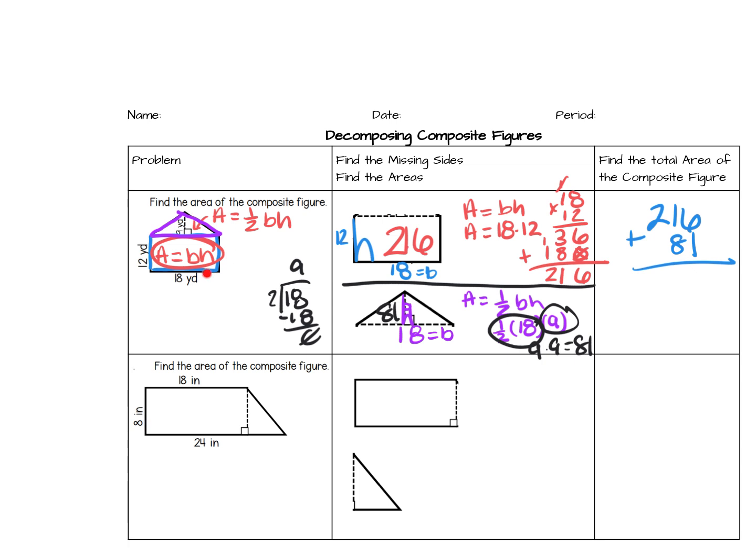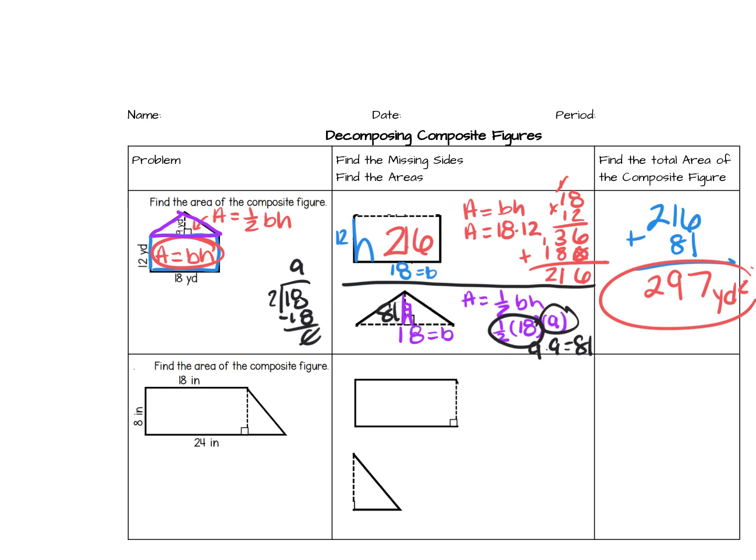And it's just those two shapes, so I have all of the pieces, and then I can go ahead and add. So I have 6 plus 1, which is 7. 1 plus 8 is 9, and then 2 and nothing is 2. So the area of my composite figure is 297 yards squared.